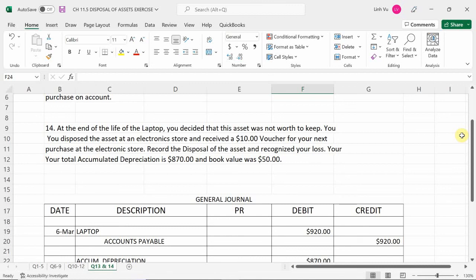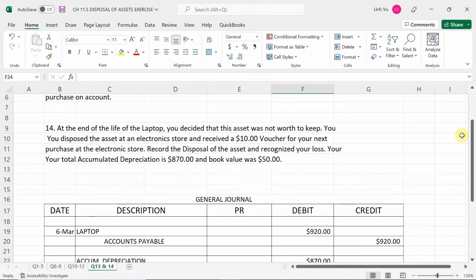So how much did you gain out of that? The $10. So how much did you really lose? You just threw $50 down the trash can. But you got $10 out of it. So how much did you really lose?